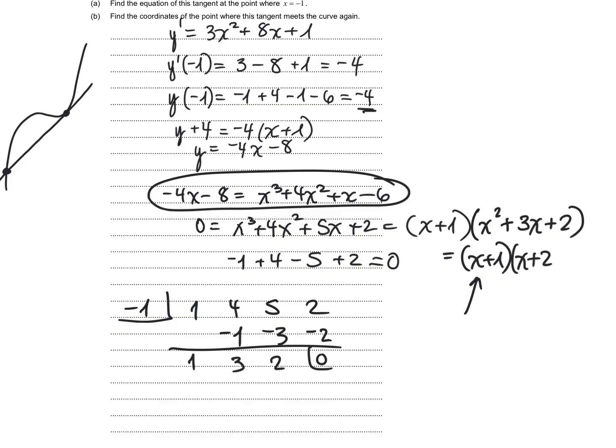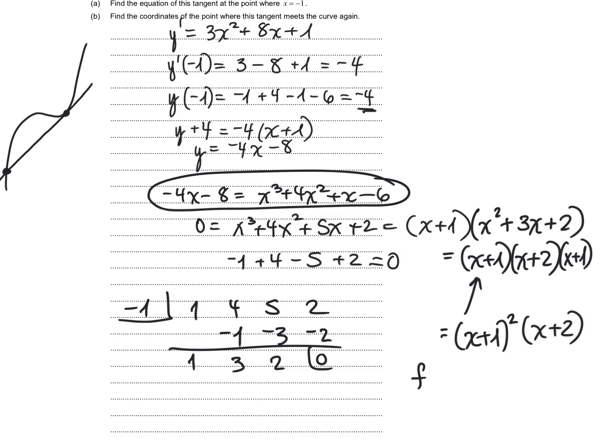So this second thing factors x plus 2, x plus 1. So this actually intersects in 2 more spots. Oh, no, it doesn't. This x plus 1 is squared. So the other place it meets is at -2.